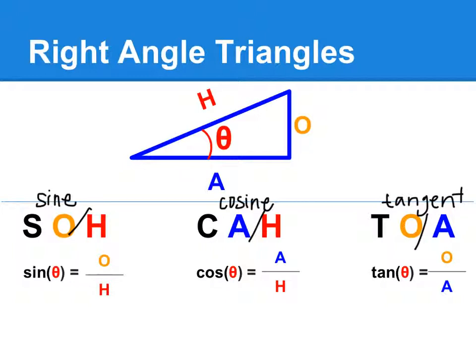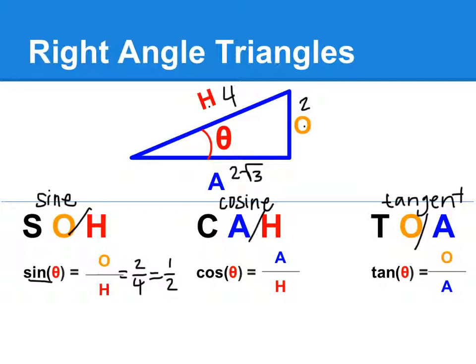So let's say that this was, let's go with 2. This is 4, and this is 2 square root of 3. We're going to go into another example in a little bit. Sine of theta would be opposite over hypotenuse, which would be 2 over 4. You can simplify that into 1/2.